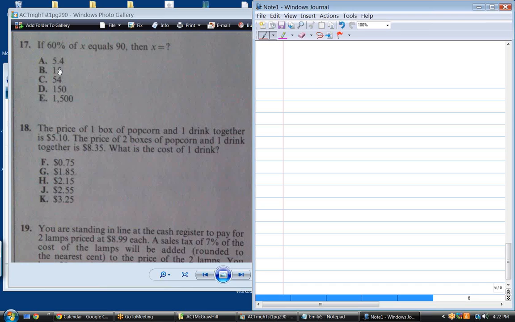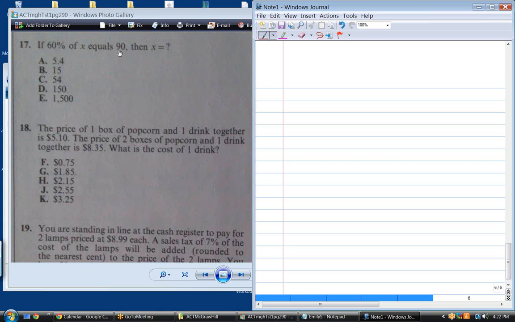So I could check all 5 of these answers if I needed to, right? Well, what's 60% of 1,500? It's not 90. What's 60% of 90? Well, it's clearly less than 90.